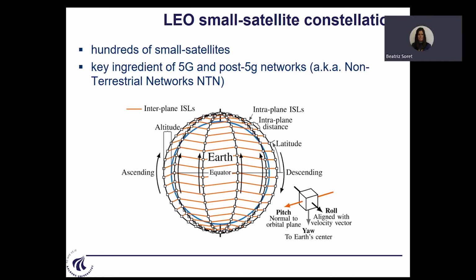So we combine these two things, the small satellite technology and the LEO, and we have these LEO small satellite constellations. As I said, usually you will deploy hundreds of these small satellites, and 3GPP has decided to integrate them in 5G or post 5G, because it will be in the next releases.